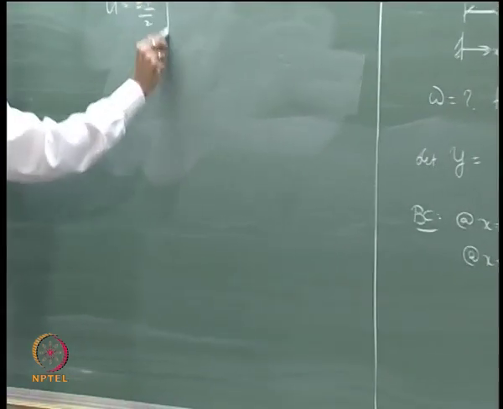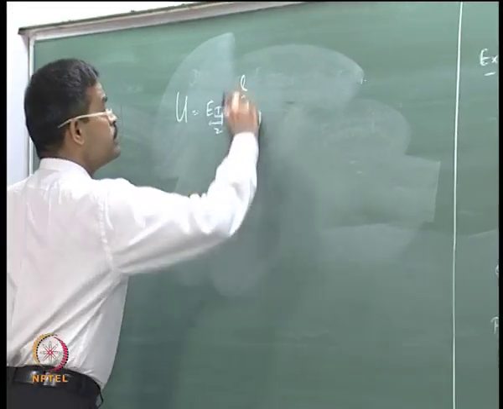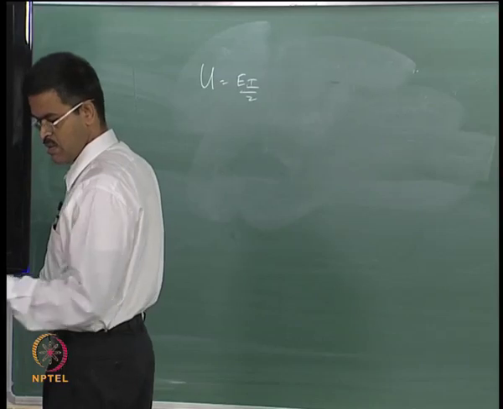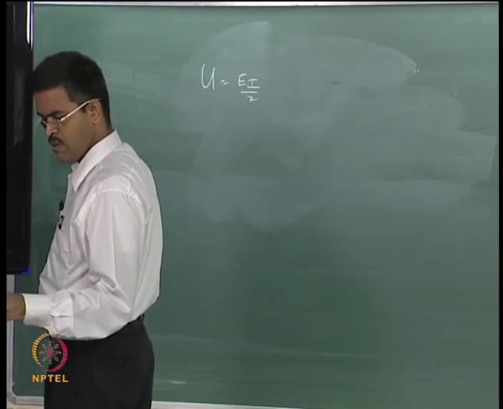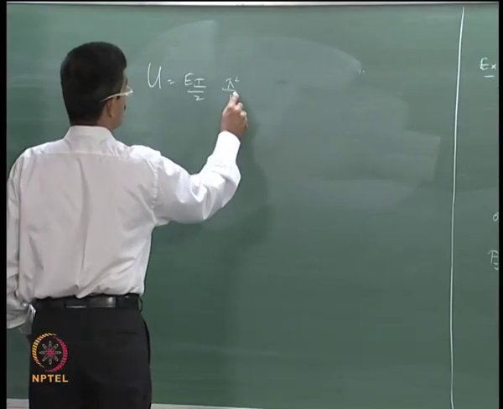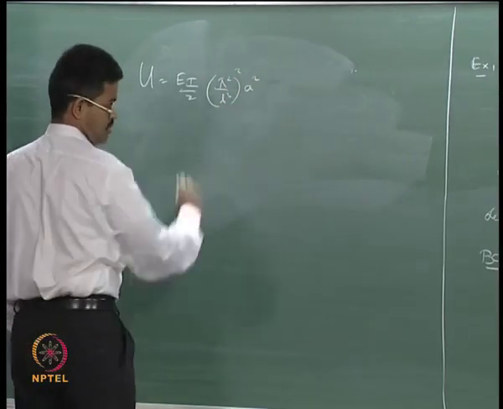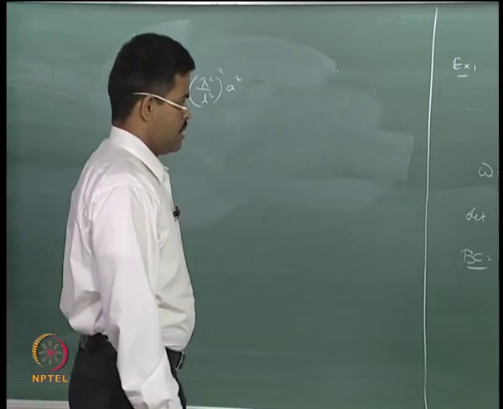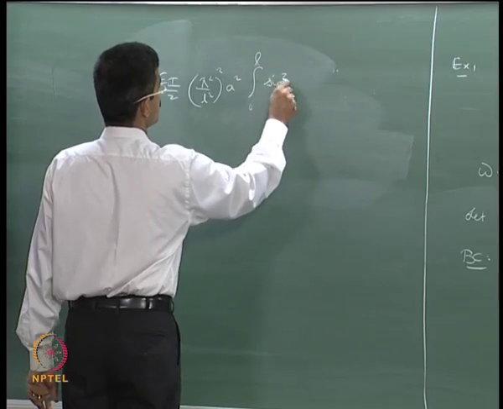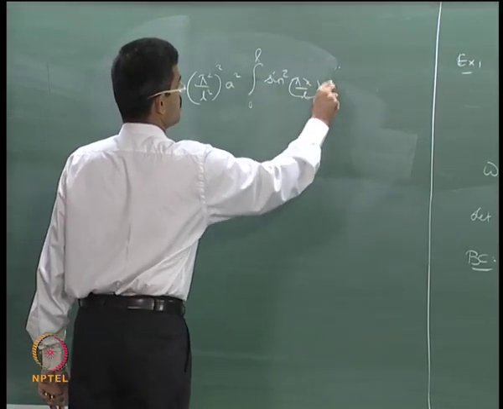Which will tell me U as EI by 2, pi square by L square the whole square A square, integral 0 to L sin square pi x by L dx.